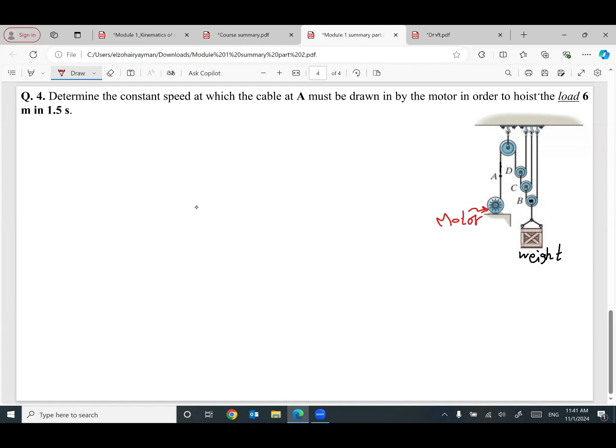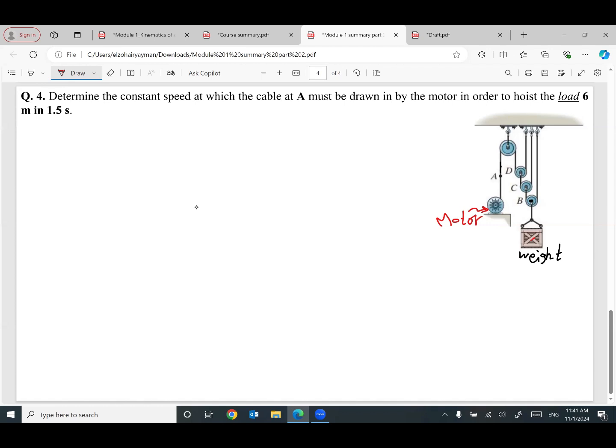Does that make sense? So we need to determine what is the constant speed at which the cable at A attached to this motor must be in order to hoist the weight at this box by 6 meter in 1.5 second.